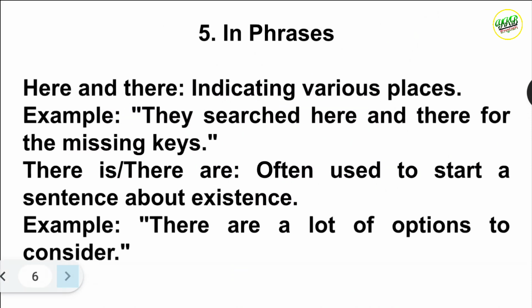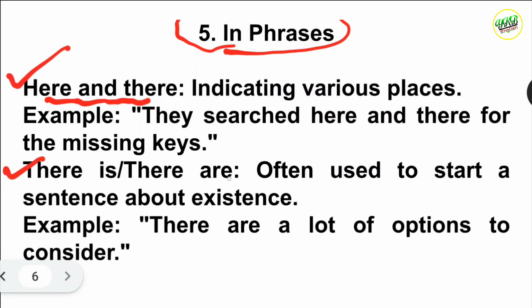Let's see the next rule. The next rule is phrases. In phrases we can use "there", like "here and there" and "there is" or "there are". Here and there means indicating various places.